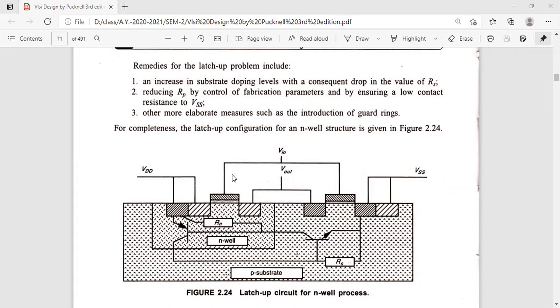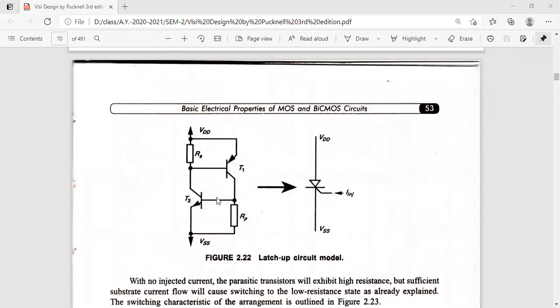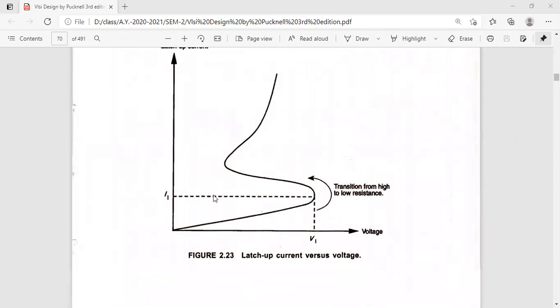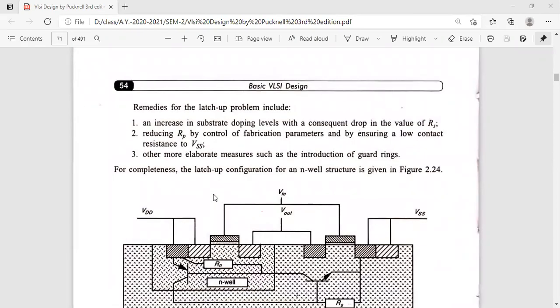And also the RP and RS resistances that we have formed can be controlled, and that can be done with the help of low contact resistance to the VSS.